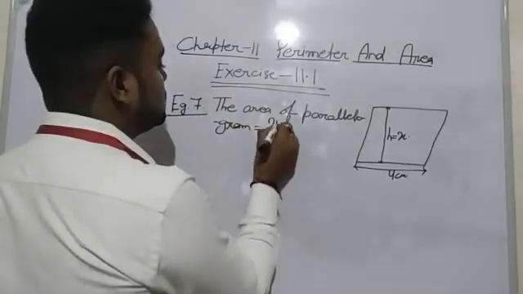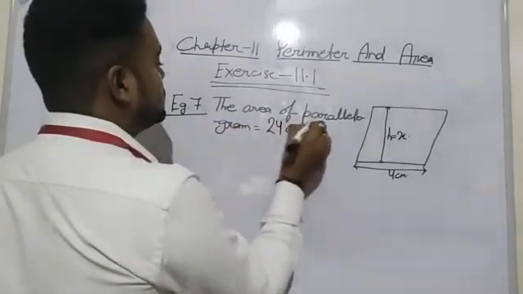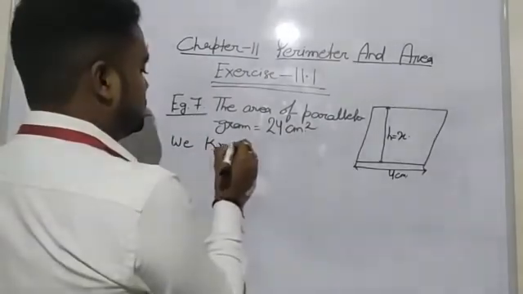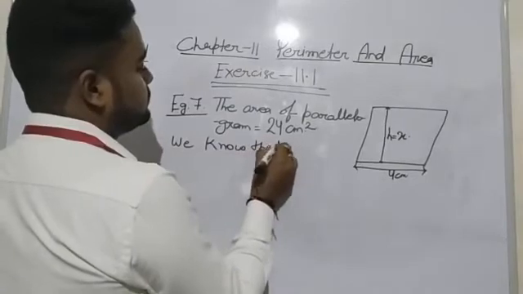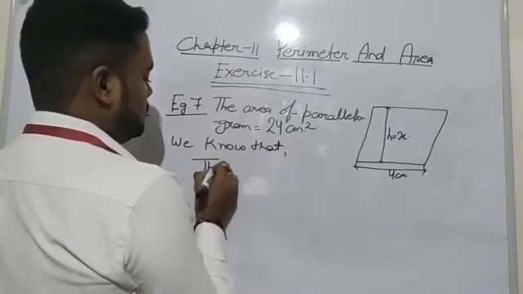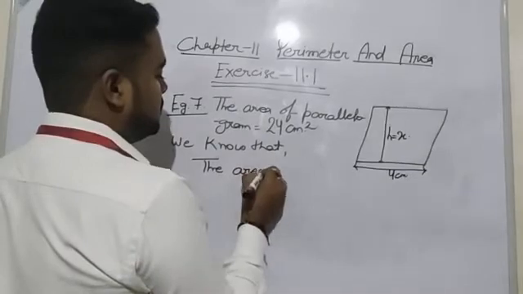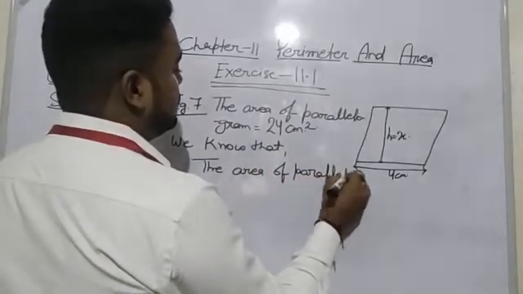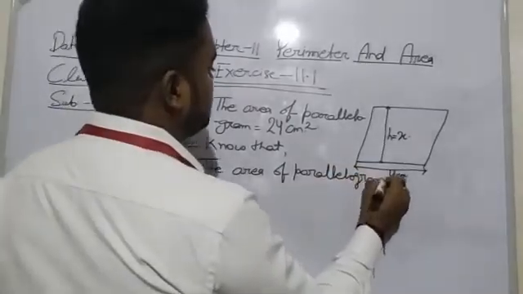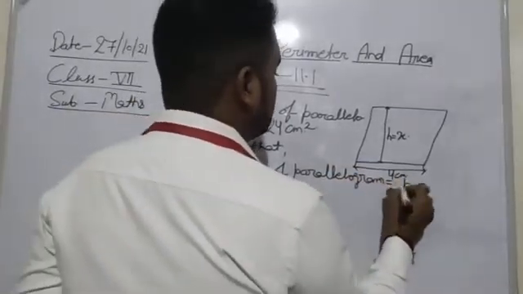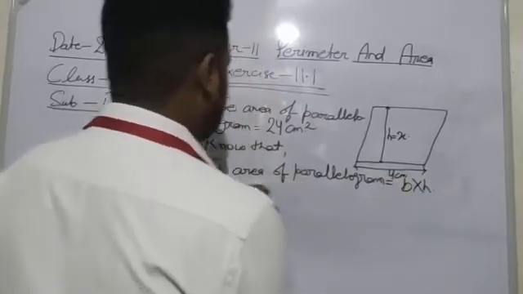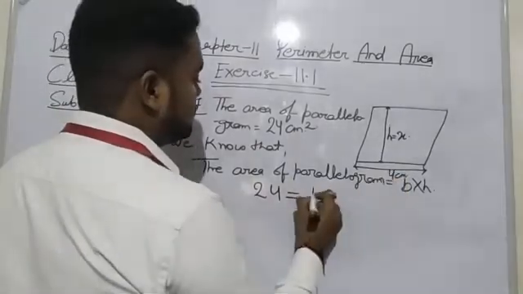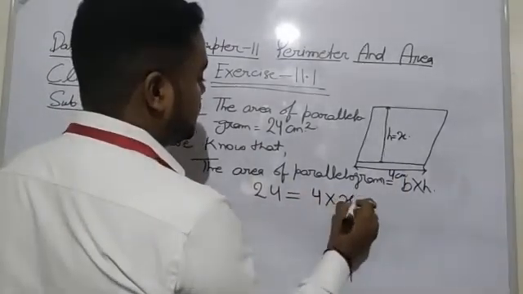is given as 24 centimeter square, and we know that the area of a parallelogram is base into height, and the area is 24 and base is 4 centimeter and height is x.